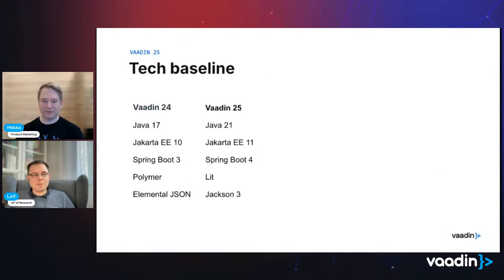Technology-wise, we're again making some adjustments to the version numbers. So Java 21 will be the oldest supported Java version, but we will also keep supporting newer ones.